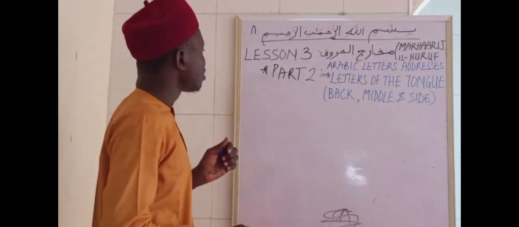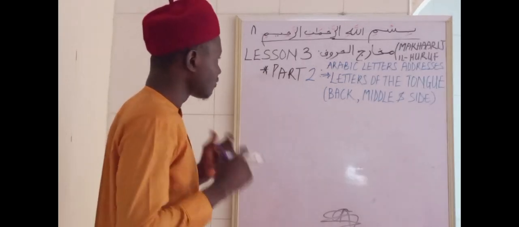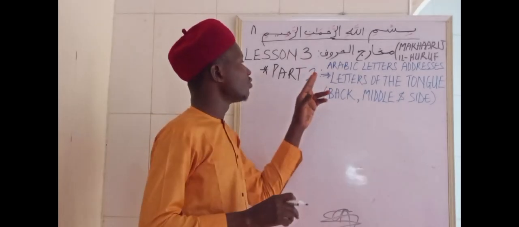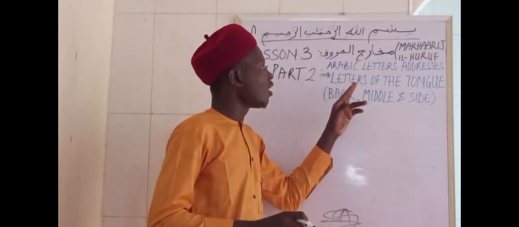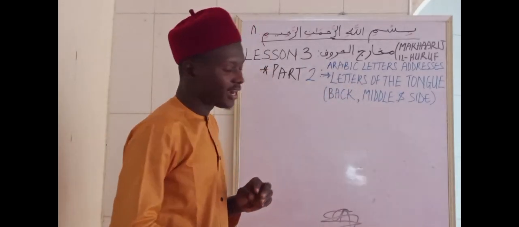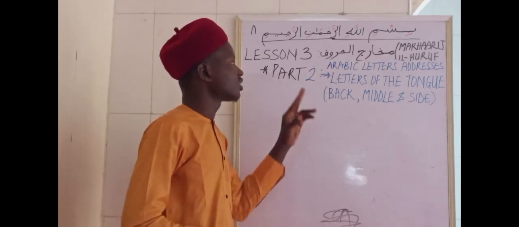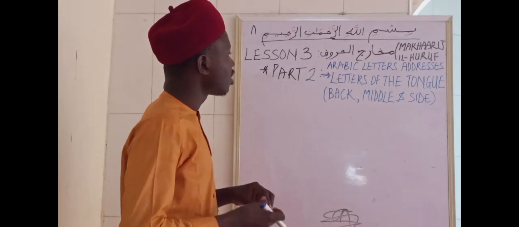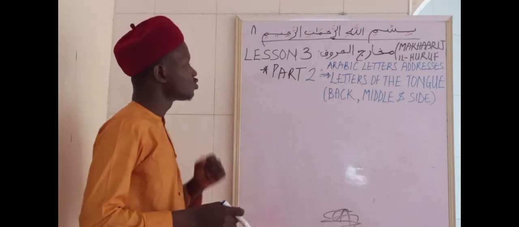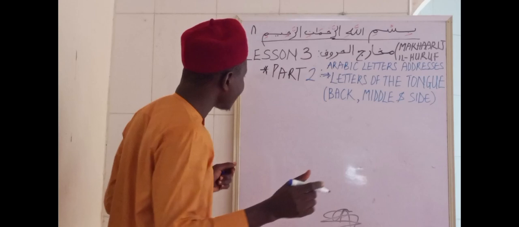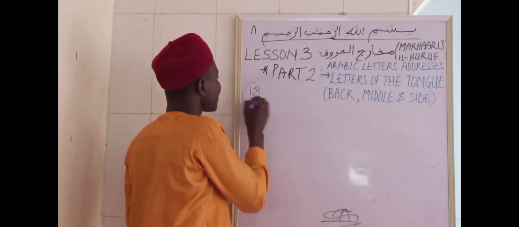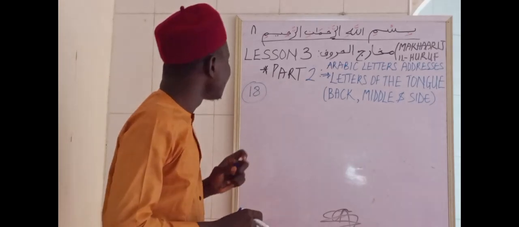So today, the last one we looked at was the letters of the throat, where we said there are 6 of them. Today we are going to be looking at letters of the tongue. Like I told us, we have 3 main articulations: the throat, the tongue, and the lip. So the tongue, fortunately, took the highest number of letters. It has 18 letters pronounced with the tongue.